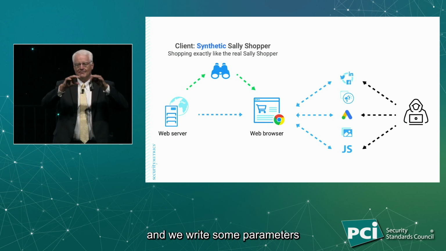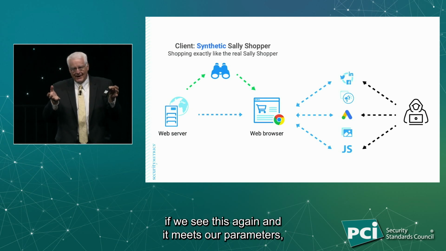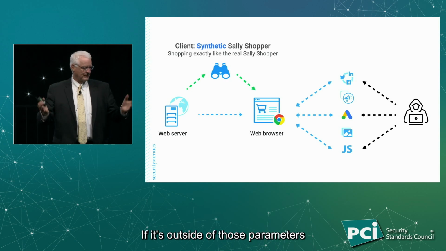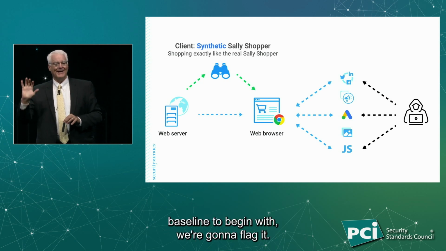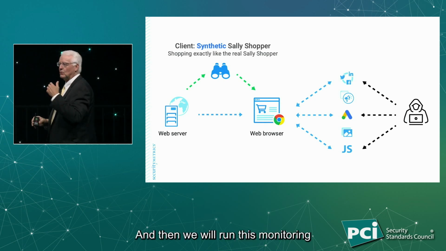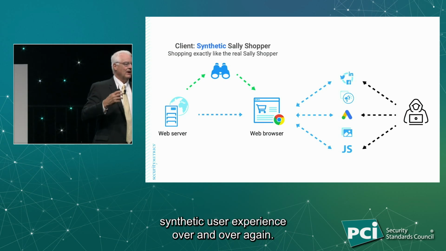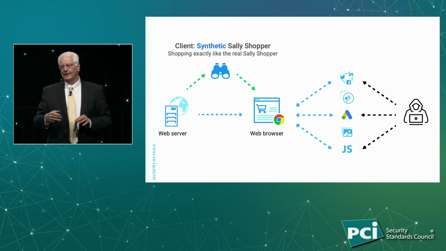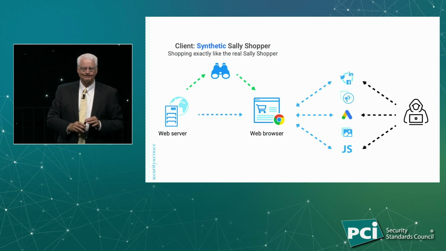And we write some parameters around that key activity that says if we see this again and it meets our parameters, we're going to consider it good. If it's outside of those parameters, or it's a key activity that we didn't baseline to begin with, we're going to flag it. And then we will run this monitoring synthetic user experience over and over again. It can be run weekly, daily, hourly, or even more frequently, depending on what the customer would like.